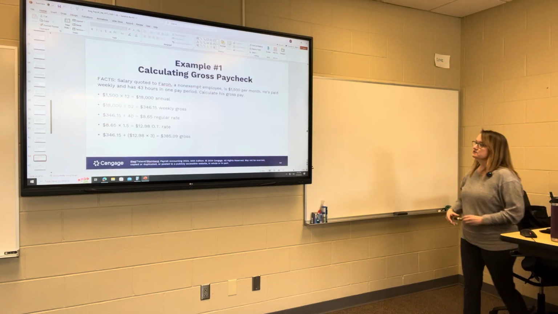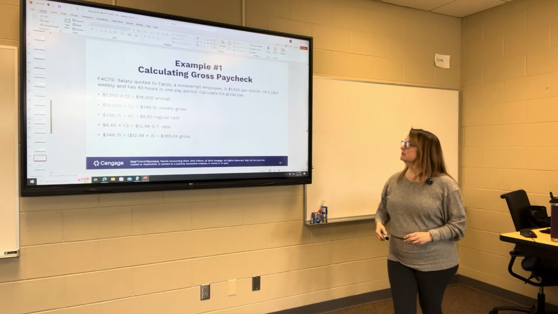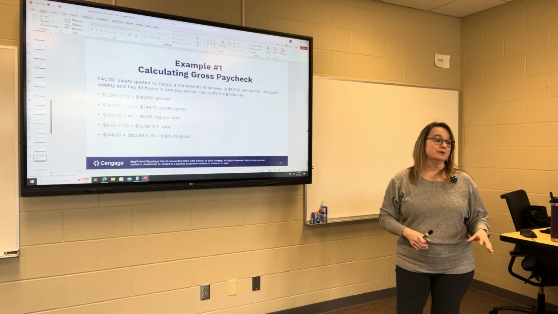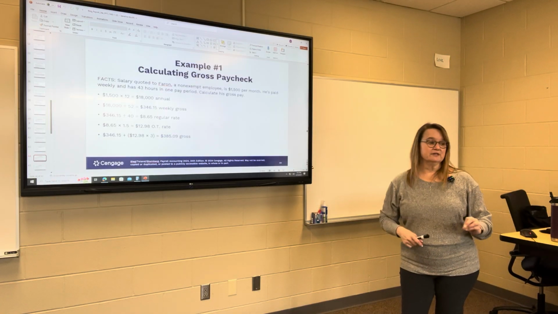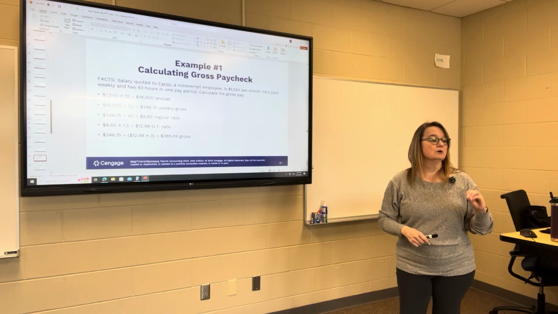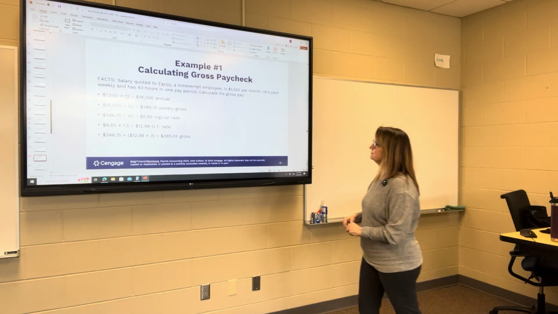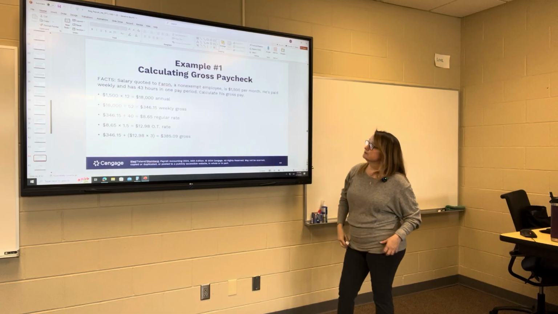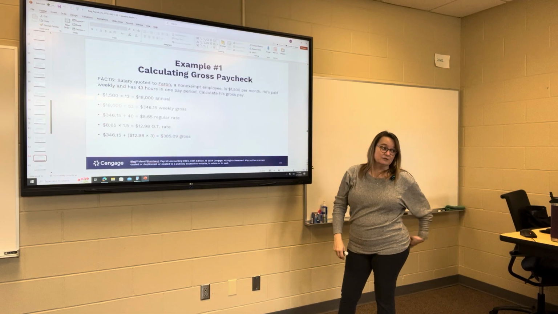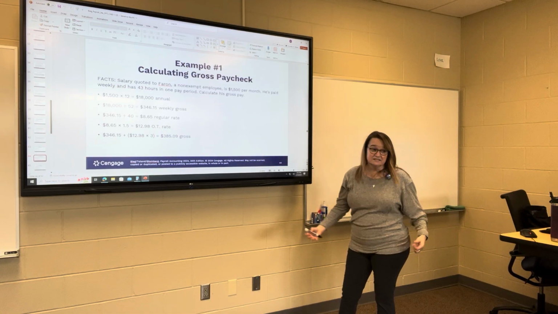All right. So Farron is a non-exempt employee. So not exempt from the FLSA, he is entitled to overtime for hours over 40. He gets paid $1,500 a month. That's his salary. But he's entitled to overtime.